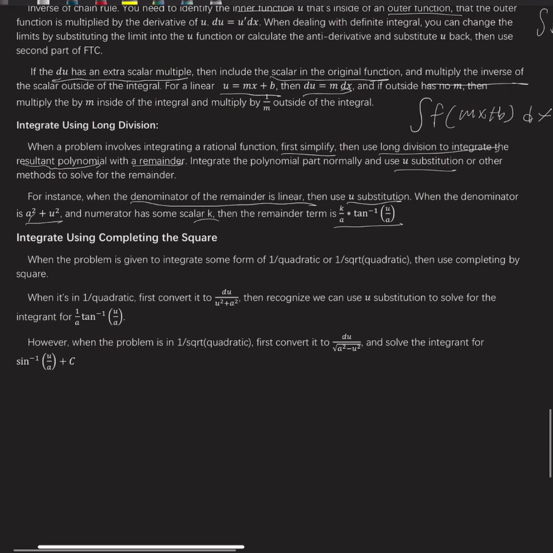And the last one is completing the square. When the problem is given as 1 over a quadratic or 1 over the square root of a quadratic, then you can use completing the square. What you're going to do is first convert it into this form, and then you can use substitution to solve, or you can just directly write something like this.